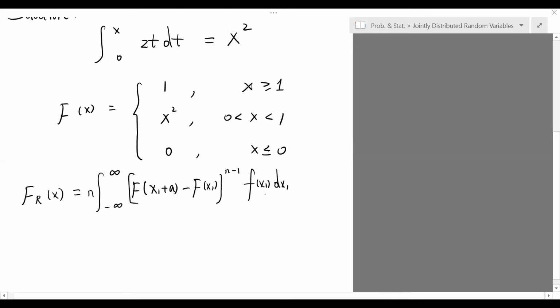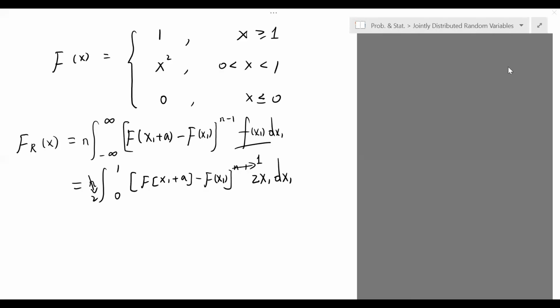But since f of x sub 1 is only non-zero when x sub 1 is in between 0 and 1, the integral region could be limited to the interval from 0 to 1, and f of x sub 1 could be replaced by 2 times x sub 1. Also, note that n is equal to 2, so those two constants could be replaced by 2 and 1 respectively.